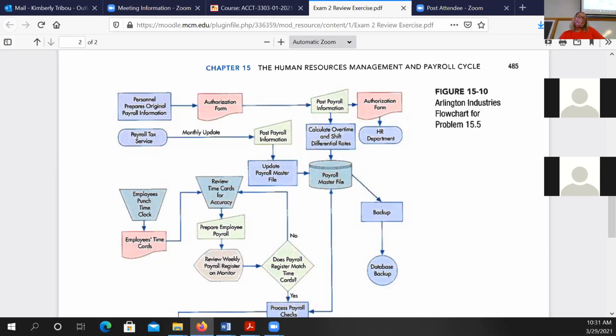Here it's every month, but other jobs I've had, it's been twice a month or every 2 weeks. All of those documents are part of this authorization form. And then the formal finalized form goes to the HR department.